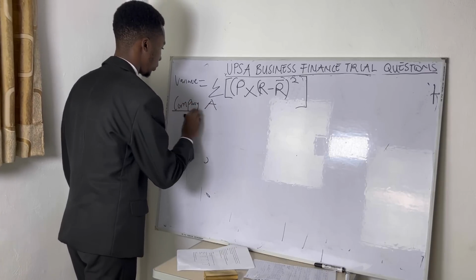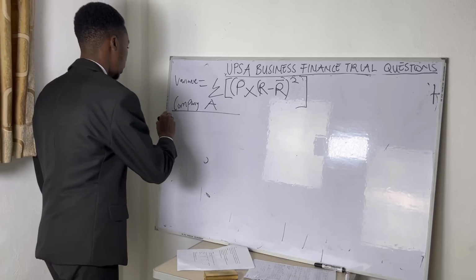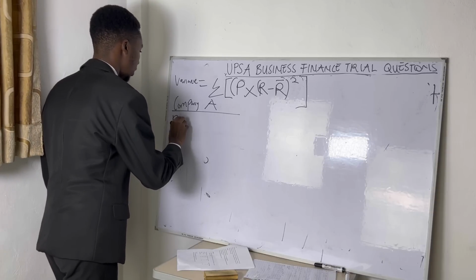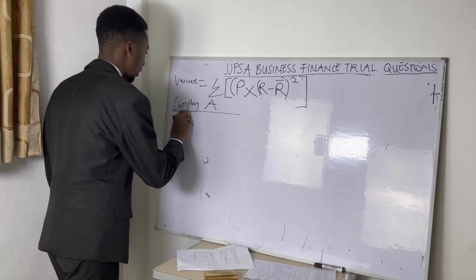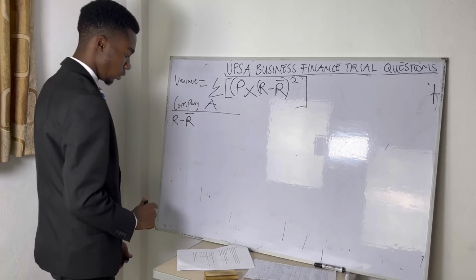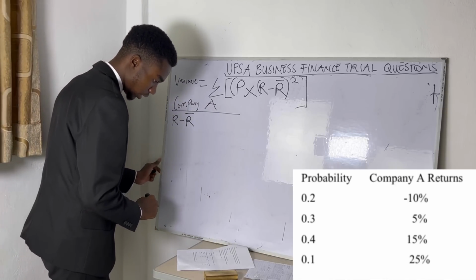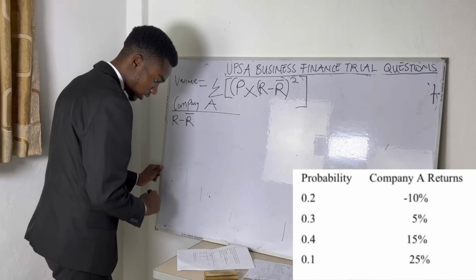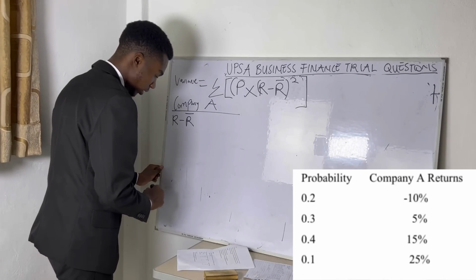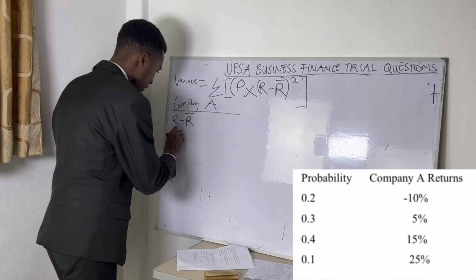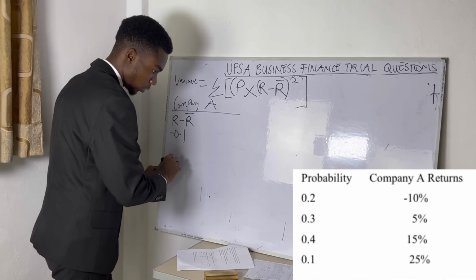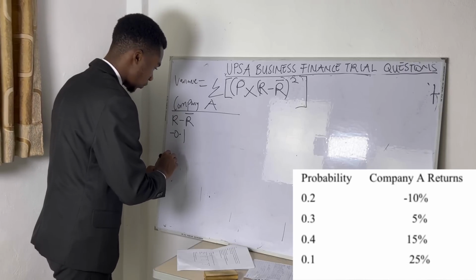Company A. So for company A, the returns minus the expected returns. So for company A, what's the return? So the first one was negative 10%, which is the same as negative 0.1. Then the second one was 5%, which is the same as 0.05.